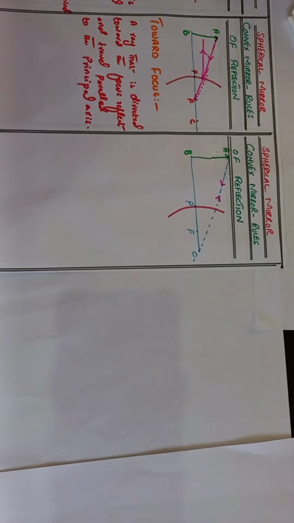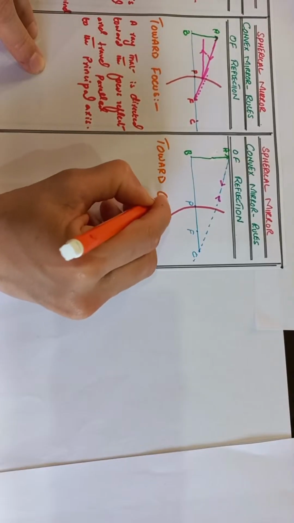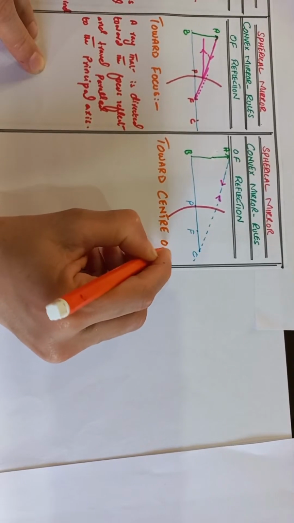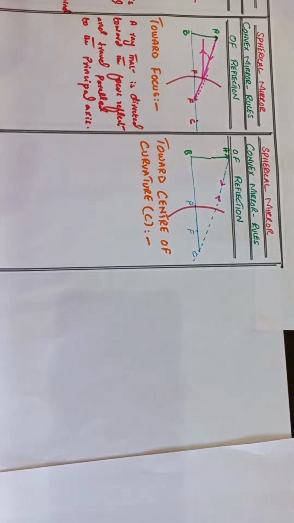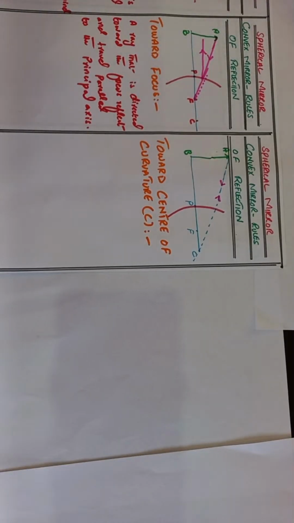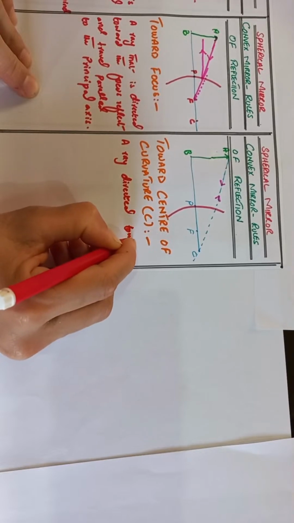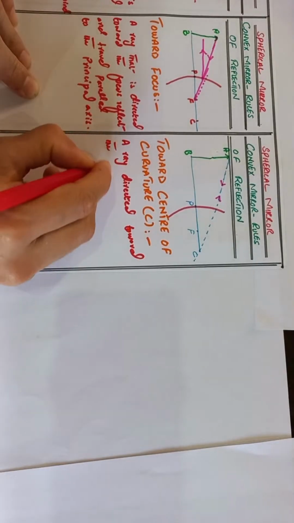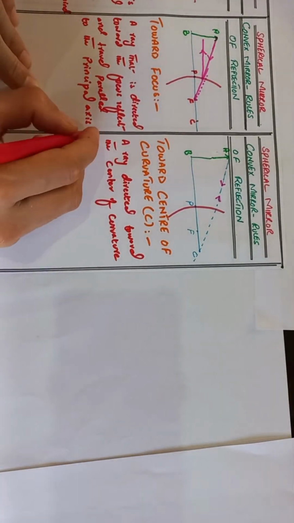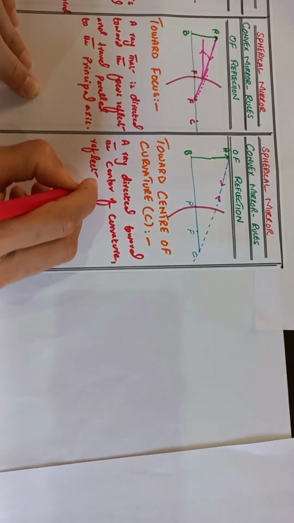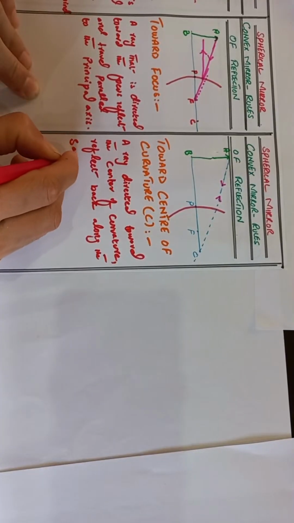So here we write that a ray directed toward the center of curvature C reflects back along the same path.